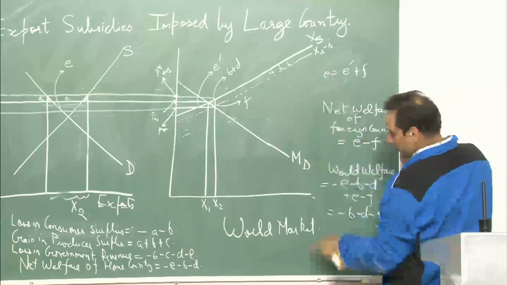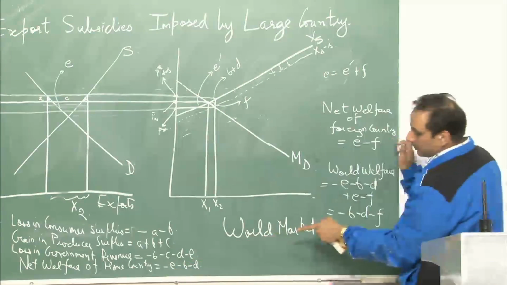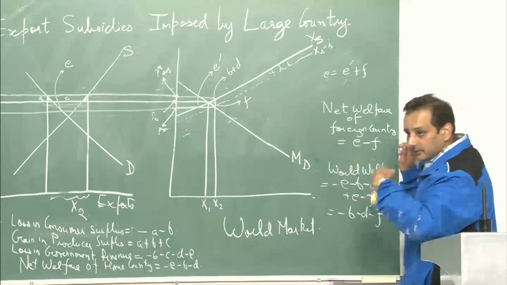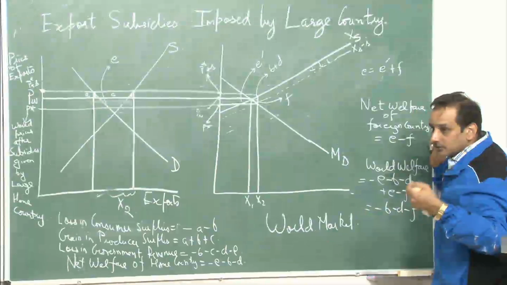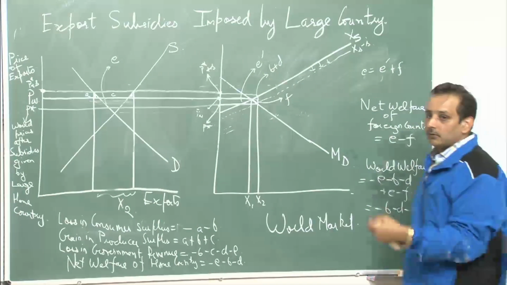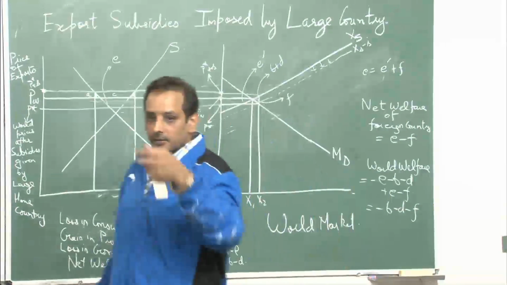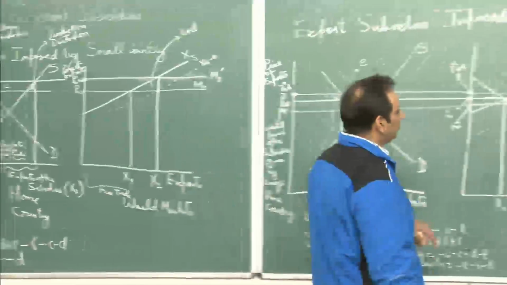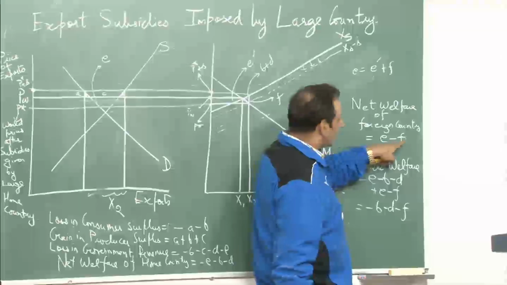So the terms of trade loss for me is a terms of trade gain for the foreigner, plus something which is lost because the prices have gone down. So the net welfare of the foreign country is E minus F.